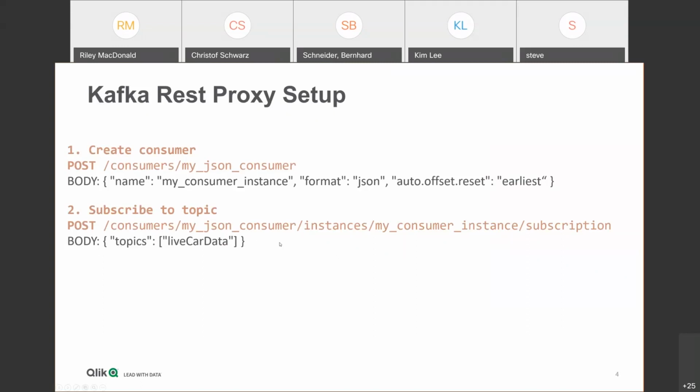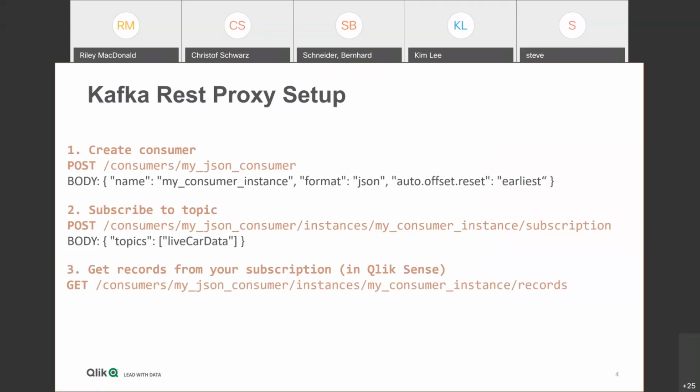And then what's really cool is that once you do that, you can use this final endpoint in Qlik Sense to get records from the subscription you made in step 2. This is just a normal GET call with nothing else. But what's interesting is that when you call this REST API, it automatically gets the new incremental records which have been written to this topic.